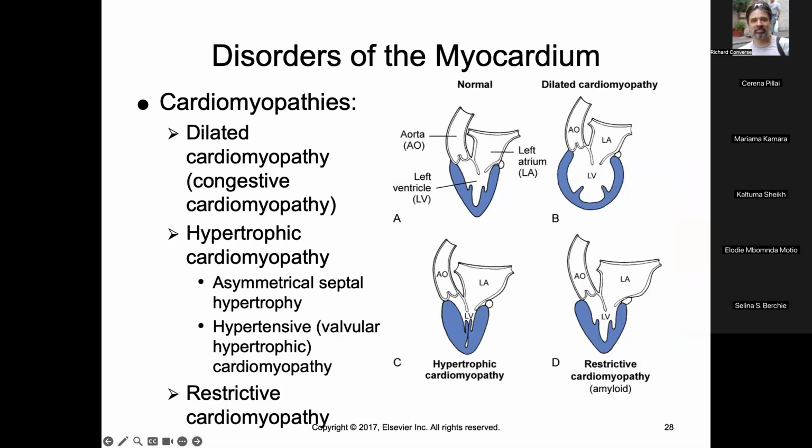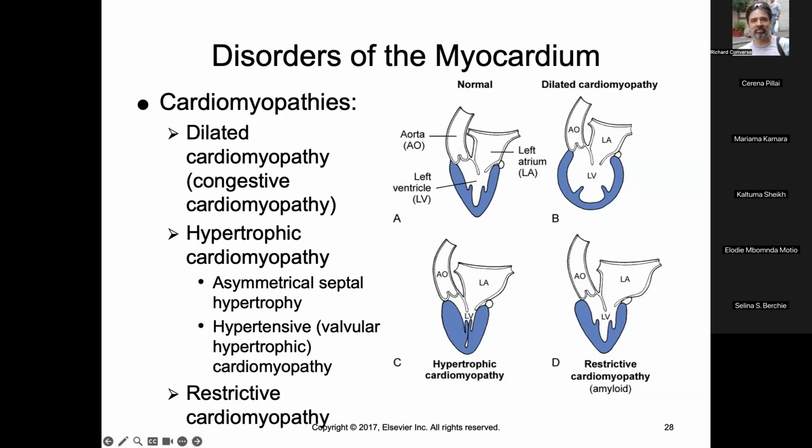Okay. Notice that with dilated cardiomyopathy, what do we see? Well, we're going to see left ventricular dilation because you're working against greater afterload. And the chamber can become distended and can over time weaken. With hypertrophic cardiomyopathy down in C, we see thickened walls, and this is often, again, due to conditions such as valvular stenosis.